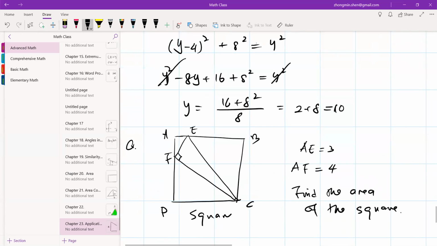But this is slightly different from the one above. We know it's a square. It's not a rectangle. But we lose another piece of information, which is that the two triangles are congruent. I did not use that part. I just have a square and I draw a right triangle inside, and this side is 3, this side is 4.